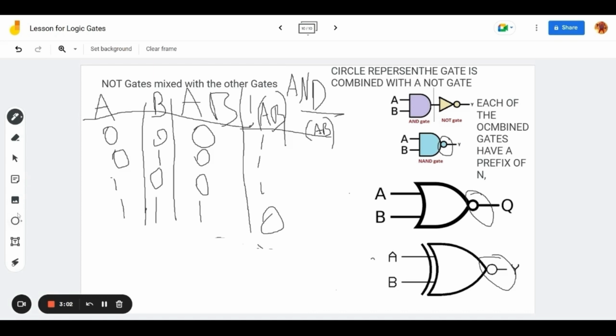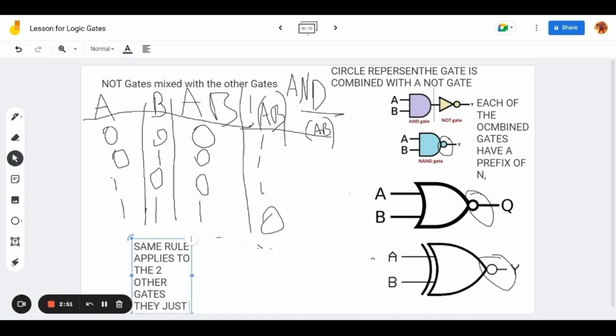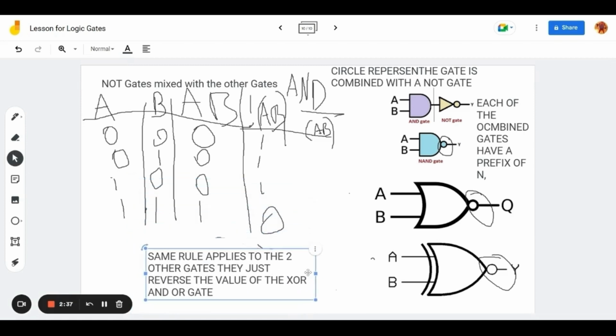The same rule applies to the two other gates. They just reverse the value of the XOR and OR gate. That's all they do.